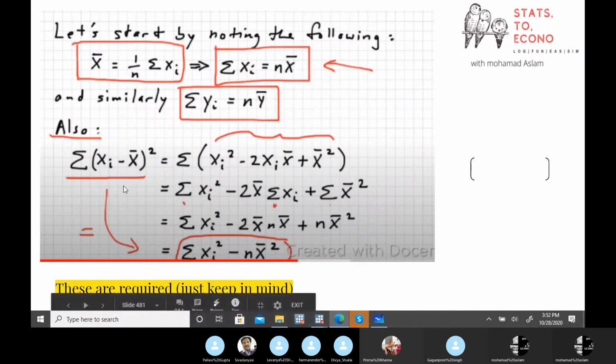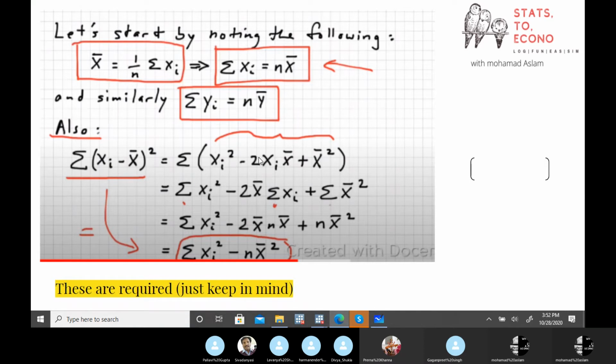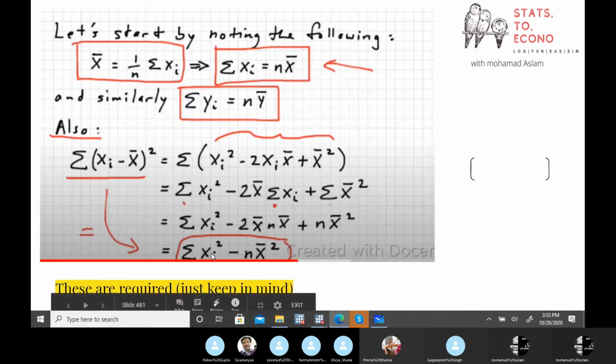If you open this bracket, a square minus 2ab plus b square, summation open, constant outside the summation. Now it's a constant, so it's n multiplied by x mean square. So here it is minus 2n x mean square plus 1n x mean square. So we can subtract these, and we remain with summation xi square minus n x mean square.